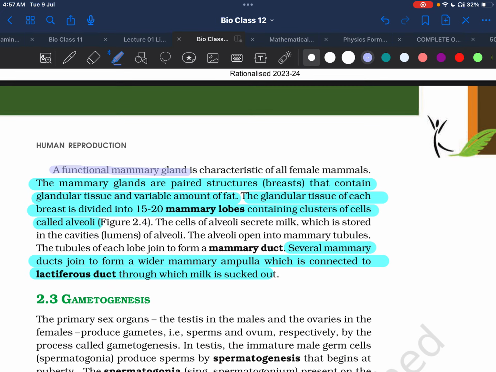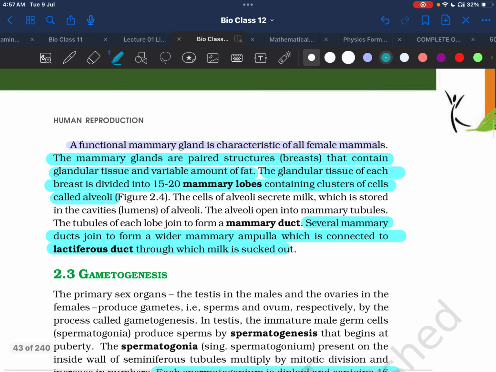A functional mammary gland is characteristic of all female mammals. The mammary glands are paired structures (breasts) that contain glandular tissue and a variable amount of fat. The glandular tissue of each breast is divided into 15 to 20 mammary lobes containing clusters of cells called alveoli.